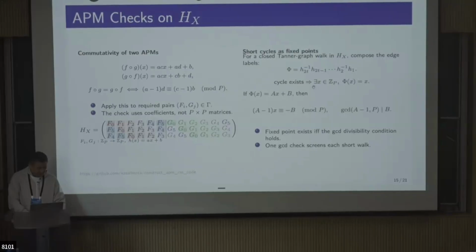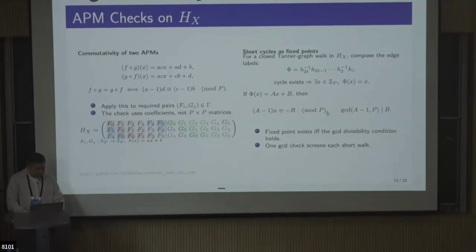So the condition reduces to a divisibility test using GCD, greatest common divisor, as shown on the slide. Okay, so the fixed point test is cheap. And one GCD check screens each short walk before we build or simulate the full lifted graph.